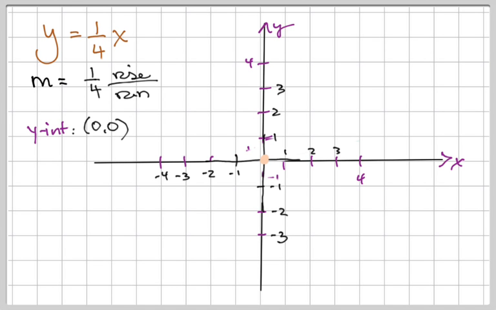And then you do what? Go up 1 and over 4 in the positive direction. And you end up right here. That would be your second point. Don't end up at the rest place here. This is just the point here to move to the left or to the right. There you go.